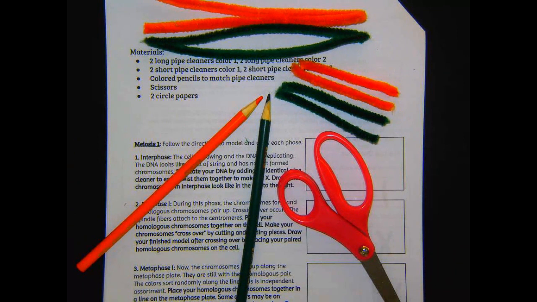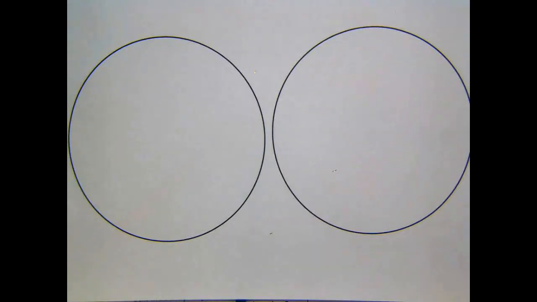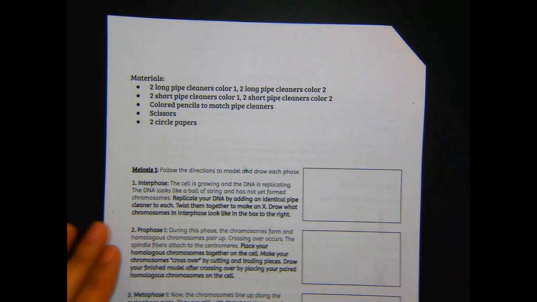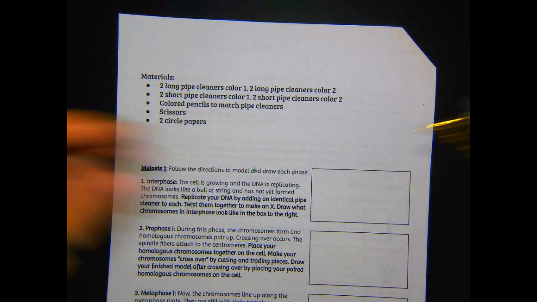For today's demo video, I'm going to be using my circle papers. Your papers will be out and attached to the lab station tops already, so you don't have to worry about that part of your materials. For today's video, because I want to use different colors than you are going to be using in class, I'm going to use some different pipe cleaners.